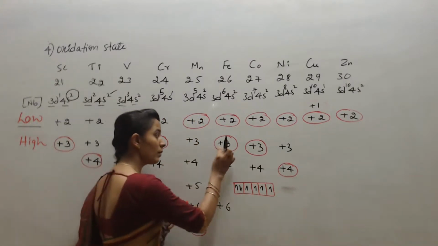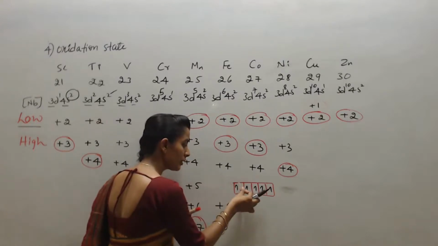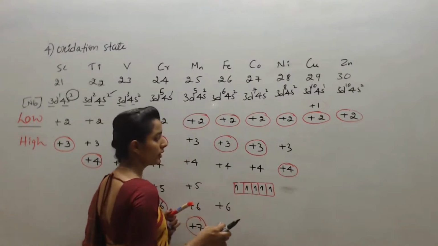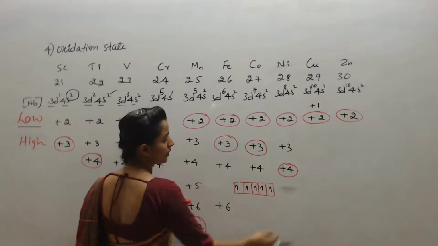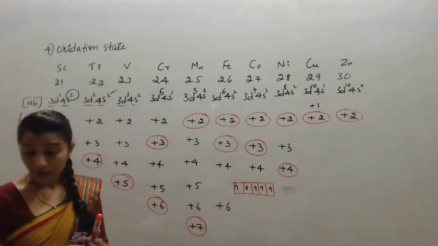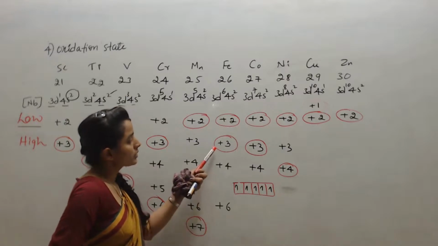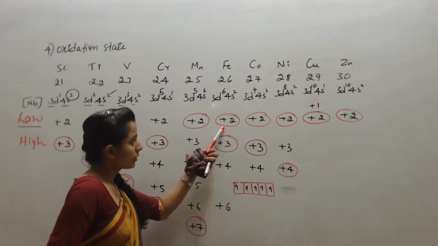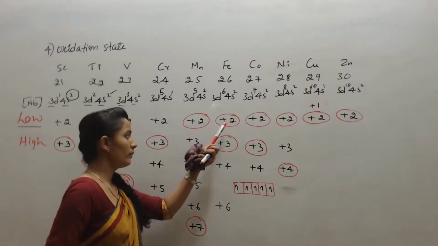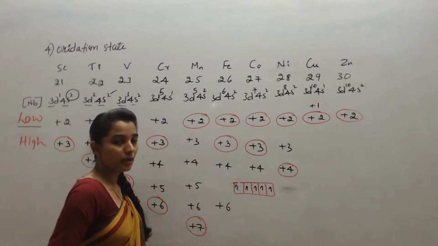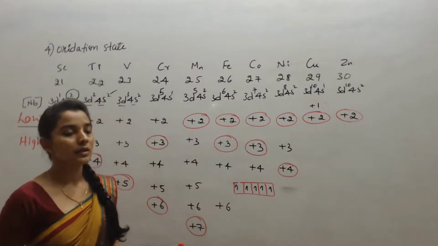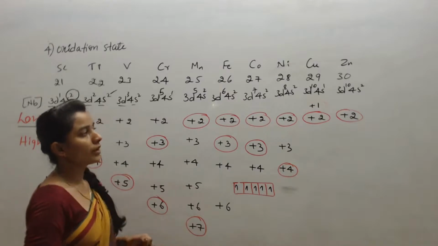Why is it stable also in plus 3? If it loses 1 more electron, it gives a 3d5 configuration. The 3d5 configuration is highly stable compared to the plus 2 oxidation state. So both plus 2 and plus 3 iron compounds are stable.